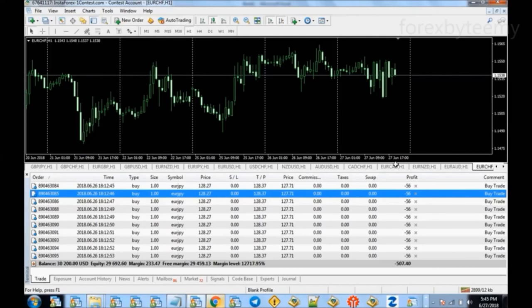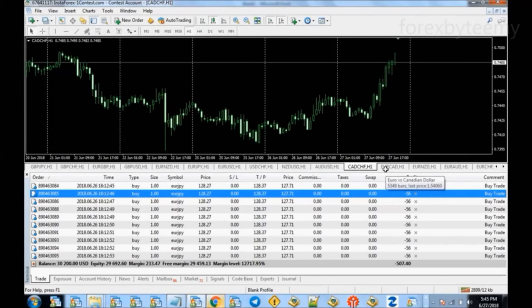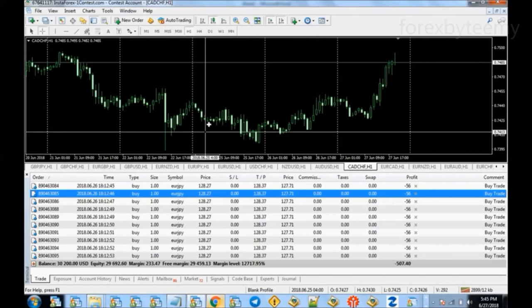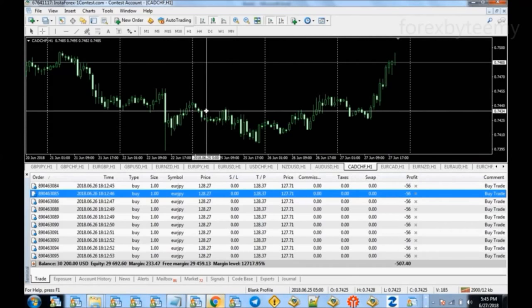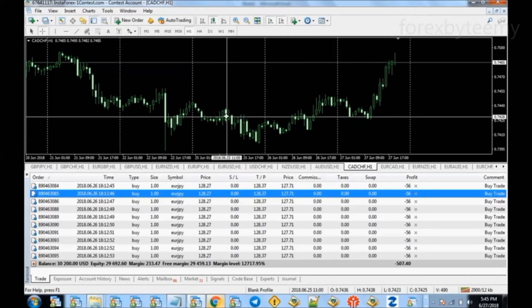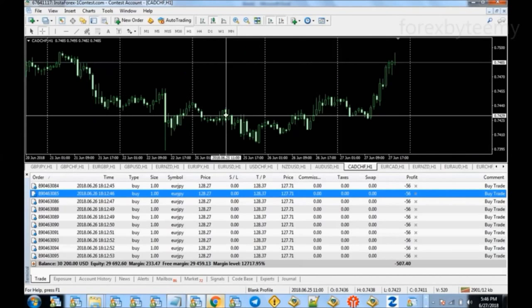All right, let's look for Euro CAD and CAD CHF and Euro CAD on that 25th. Let's look at both of them moving, making a good move. This one and this one, on that 25th. Both of them didn't really make a particular good move.